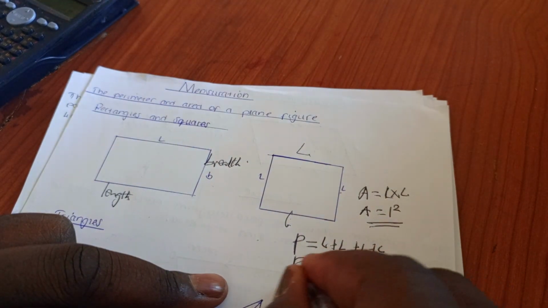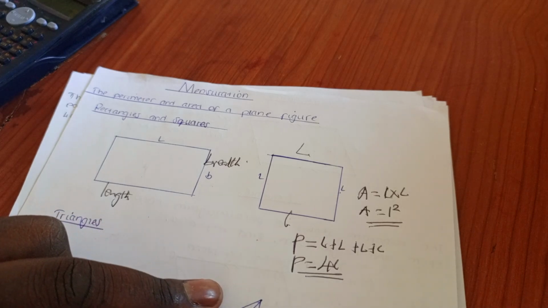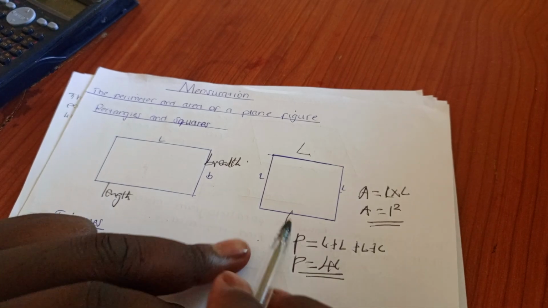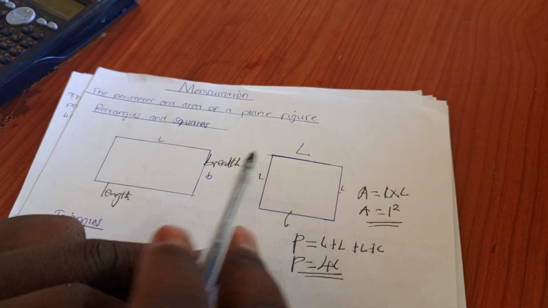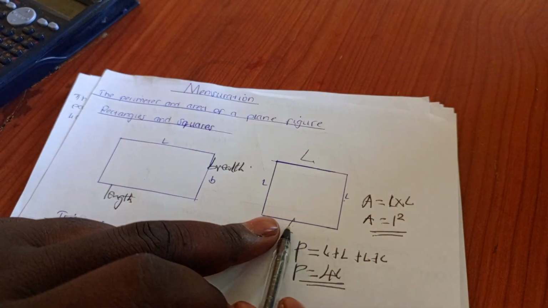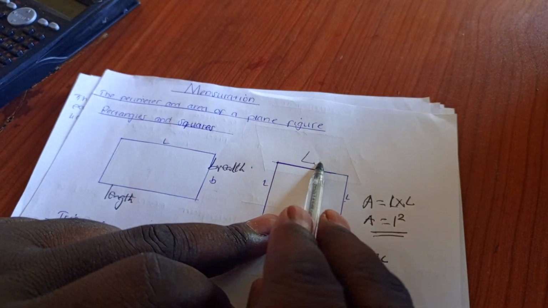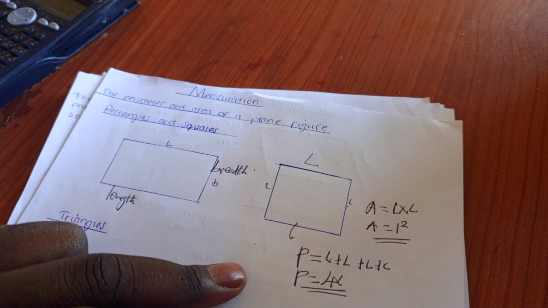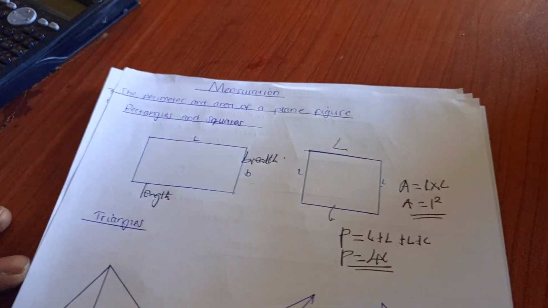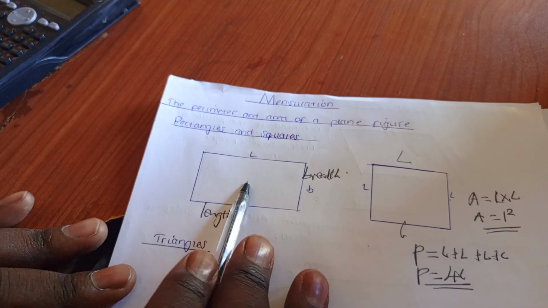So 4L is the formula for the perimeter of the square. For example, if you have 2 plus 2 plus 2 plus 2, that gives us 8. Good. Then now we go to the rectangle.